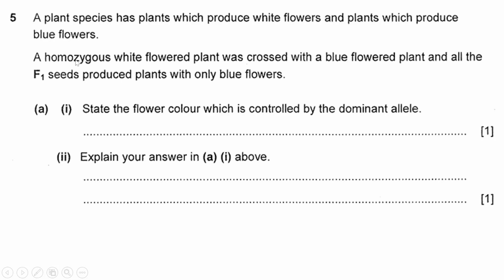Since the plant which was homozygous white did not cause the plants produced to have at least white flowers, it means that the blue flowered plant had the dominant genes, while the white flowered plant had the recessive genes.